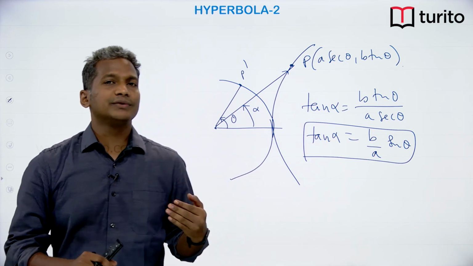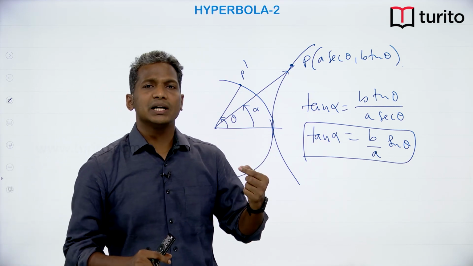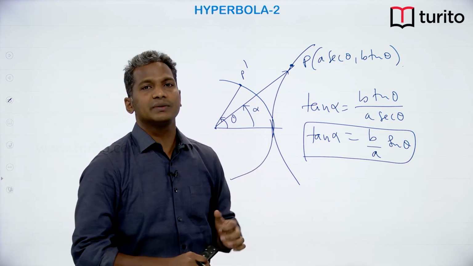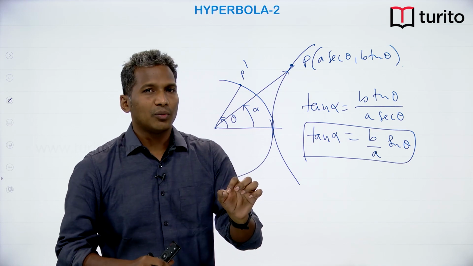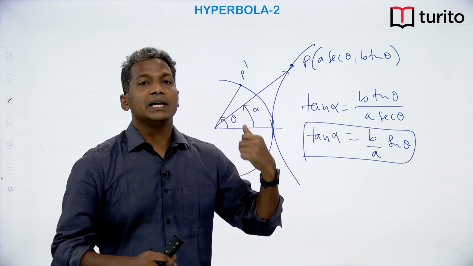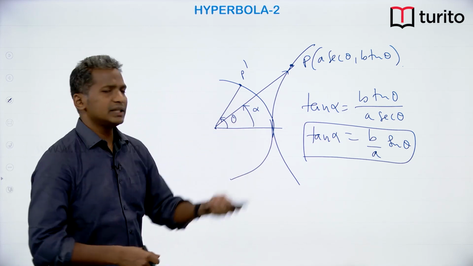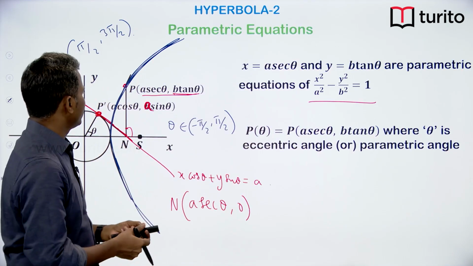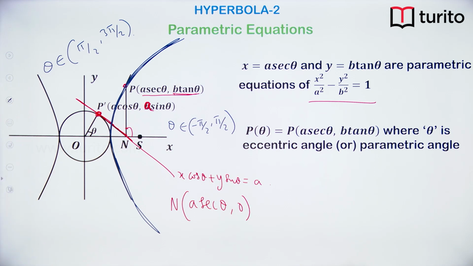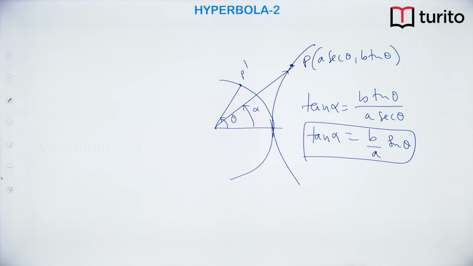Once you derive all of them, those methods and ideas are registered in your subconscious mind, and when you are solving the problem, the mind will automatically decide a way out. So, this way we can connect alpha and theta. Definitely make a note of this page also.